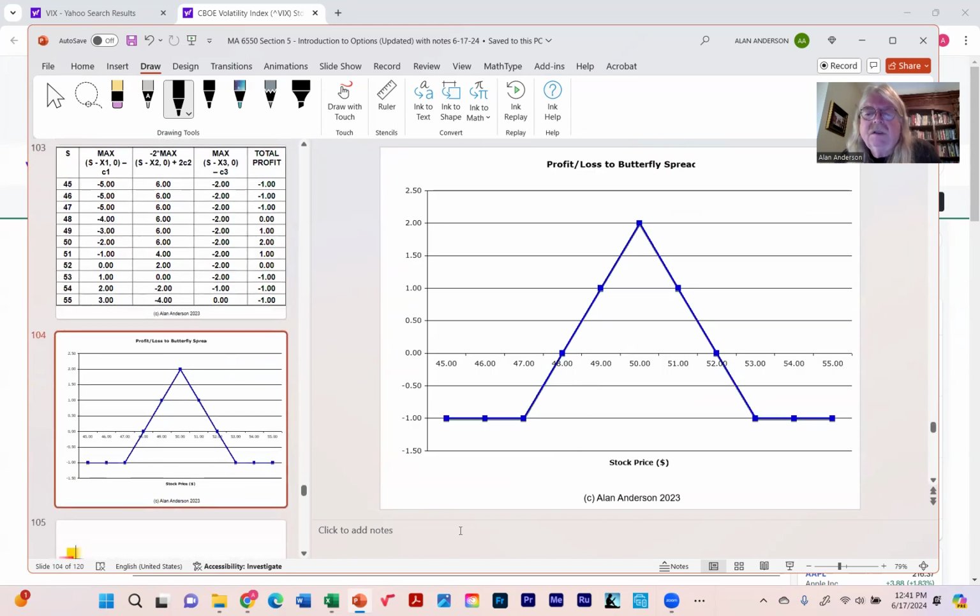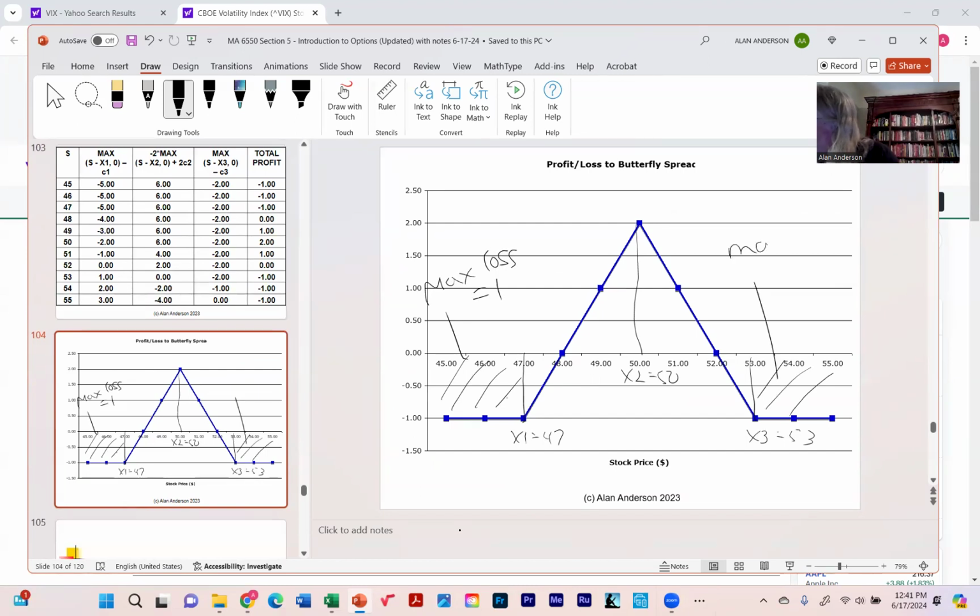this is the result. Okay, so again, here's the strike. There's another strike. So on either side, we have two, the maximum loss occurs here and here. We have a couple of break-even points.